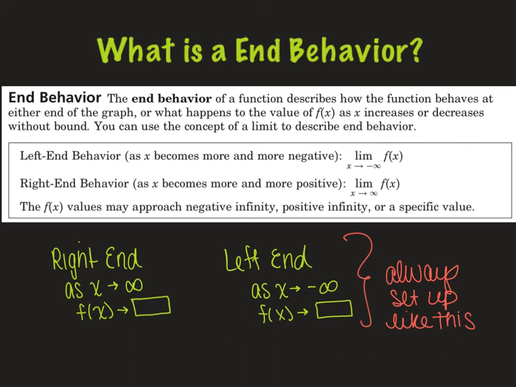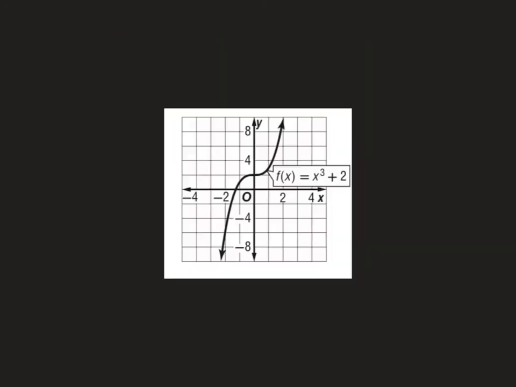All right, so now let's talk about what we can fill into those blanks, and we're going to do that with an example on the next page. So for instance, I have this function here. I'm going to do my right end over here, and then we'll do our left end setup over here.